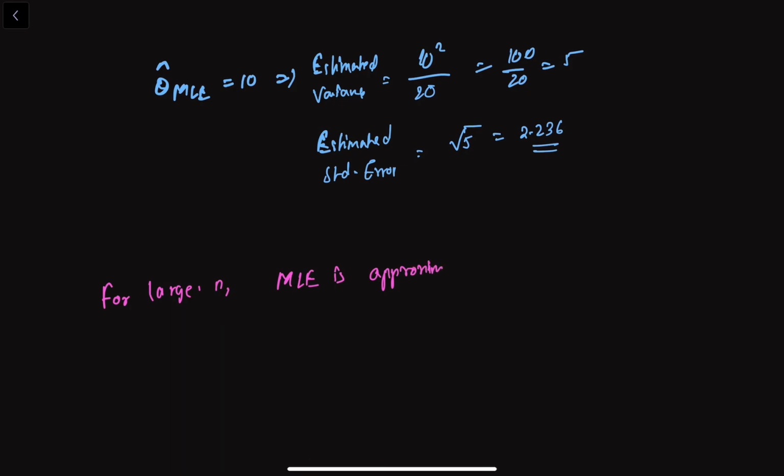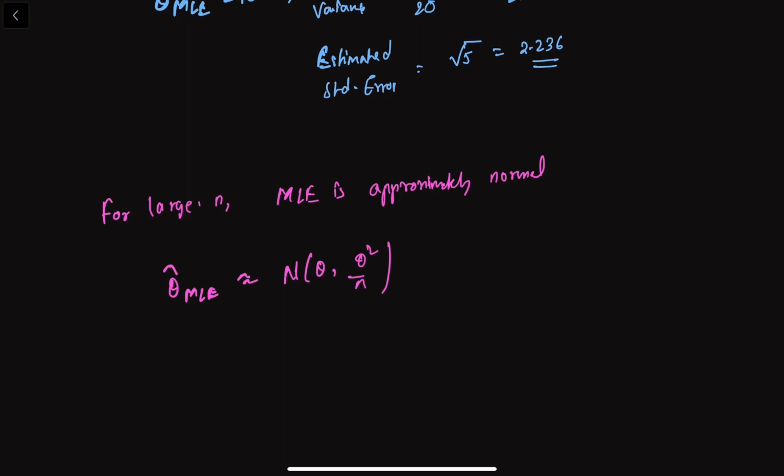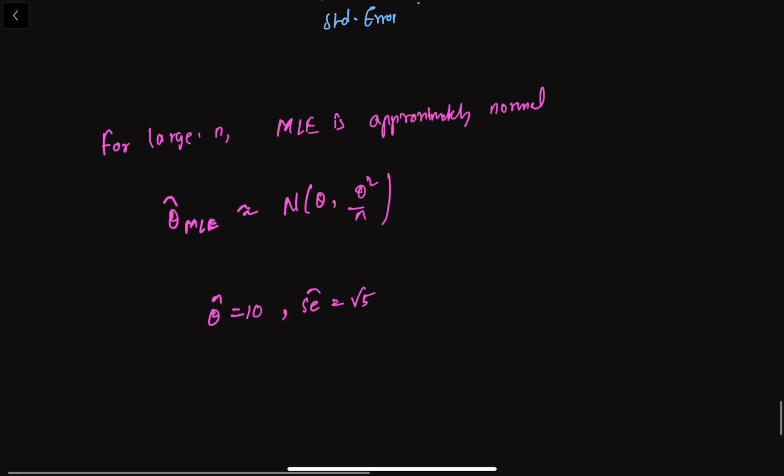So for this theta hat MLE, we know its mean would be theta and its variance is theta^2/n. So we have theta hat as 10 and the standard error as root 5, and the critical value for 95% is 1.96.